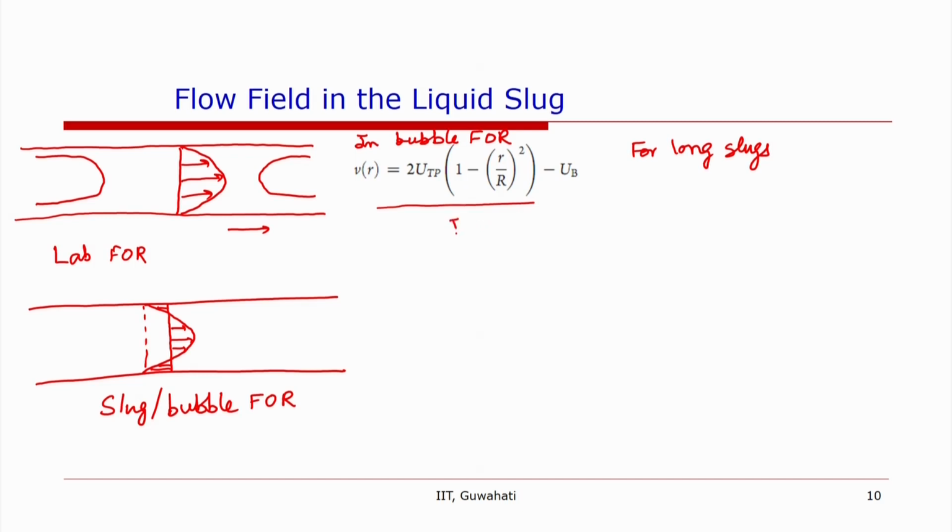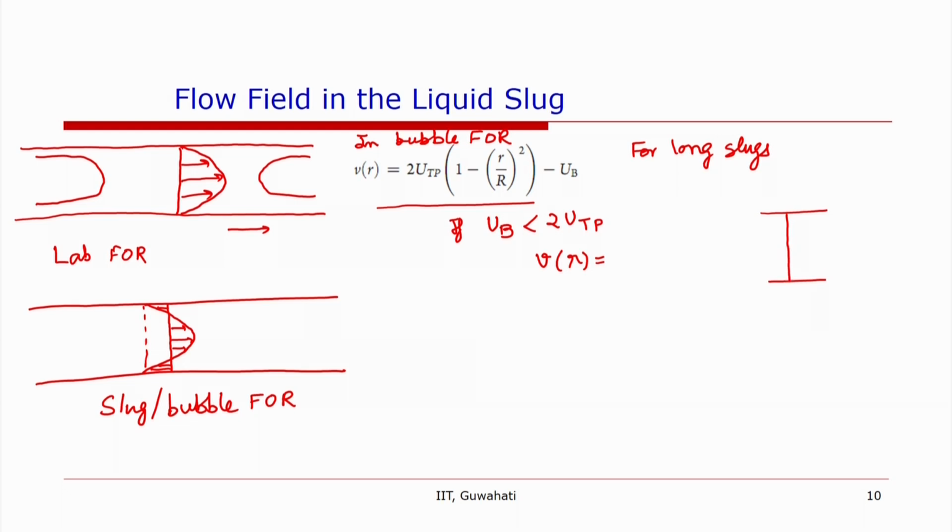So let us say if UB is less than 2 UTP, then the profile will look like something like this.